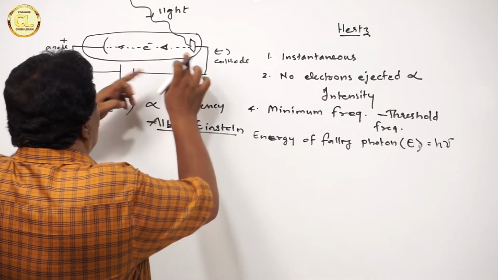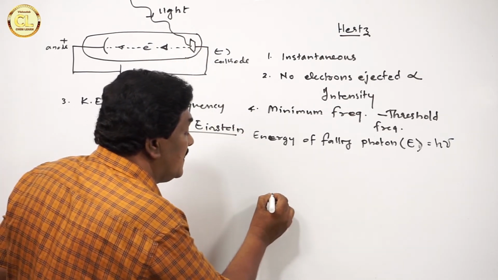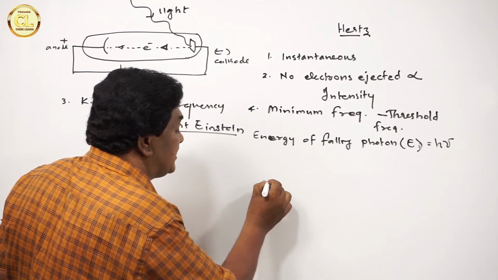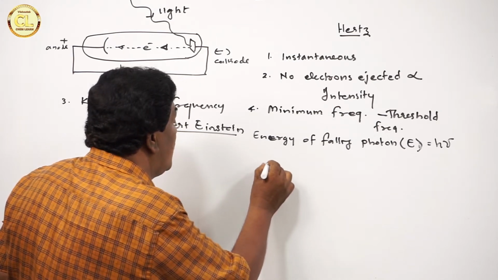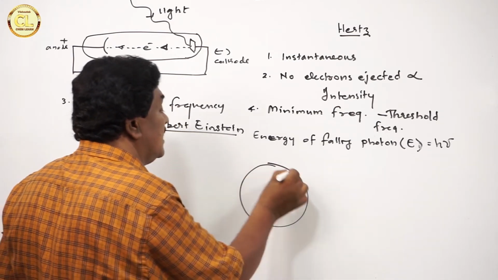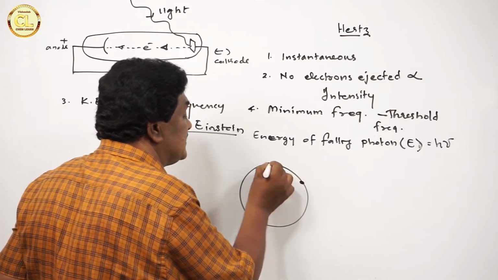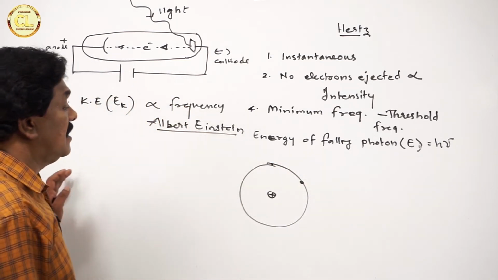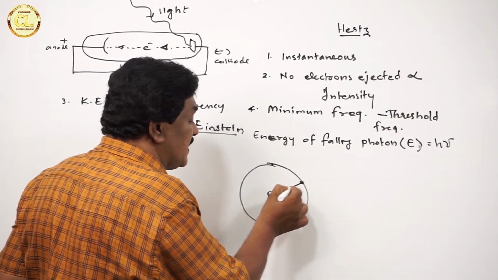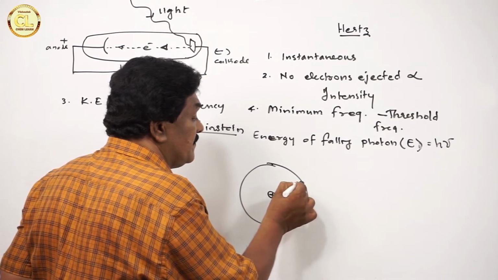See, on the surface of the metal, there are atoms, and electrons are revolving around the nucleus like this. There is a force of attraction between nucleus and electron.